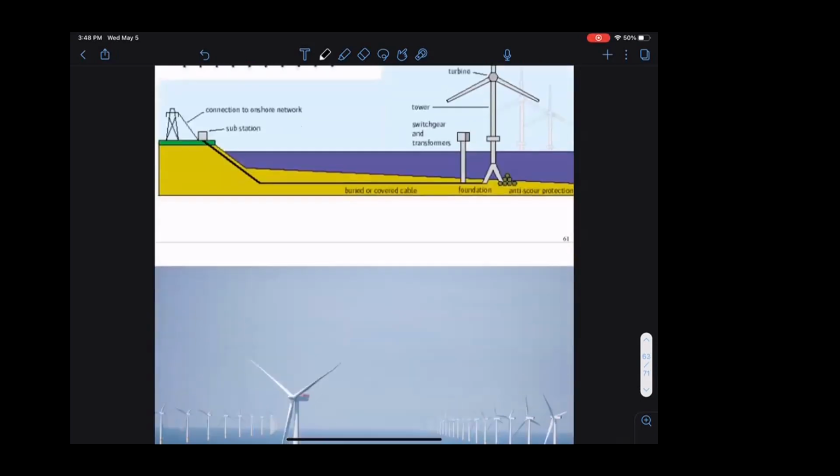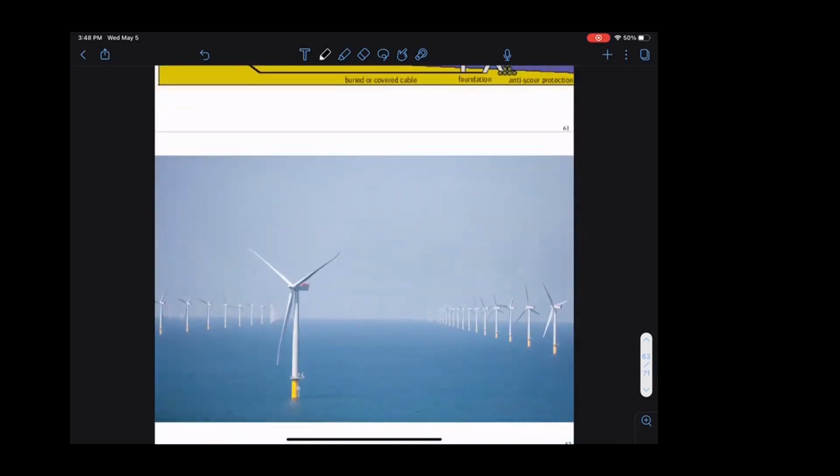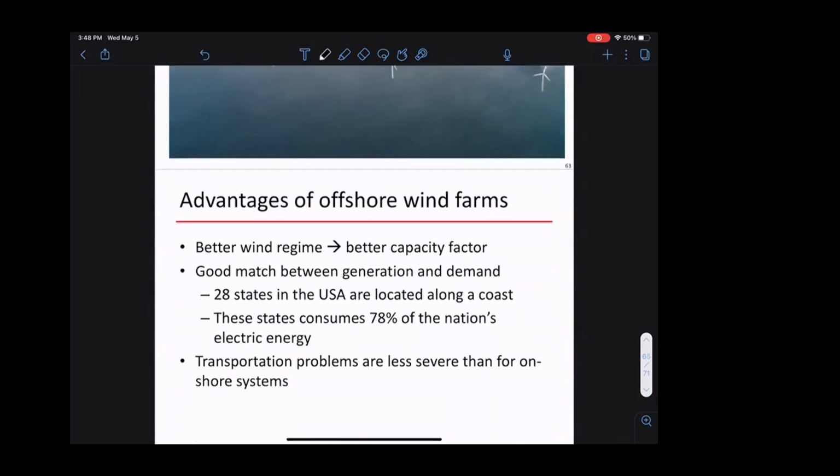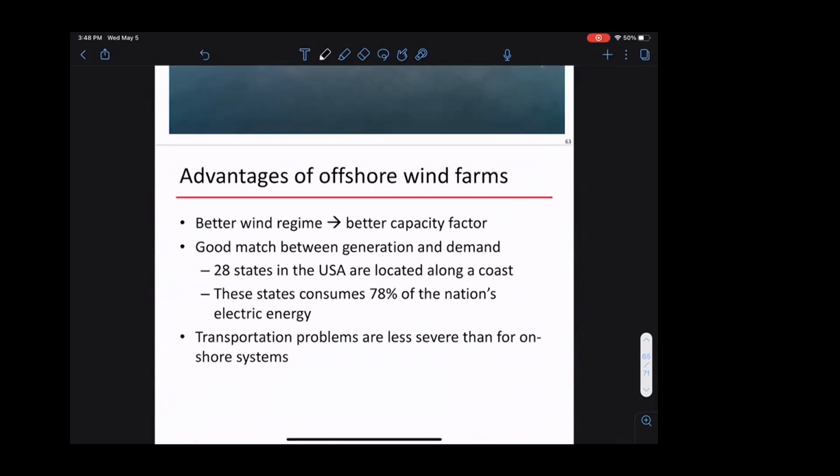Right. But again, the offshores are coming, right? All of these turbines are pretty large. We're having more and more projects for offshore wind. So we anticipate seeing more offshore wind farms in the near future. And again, the advantage of offshore wind is basically you have high wind.